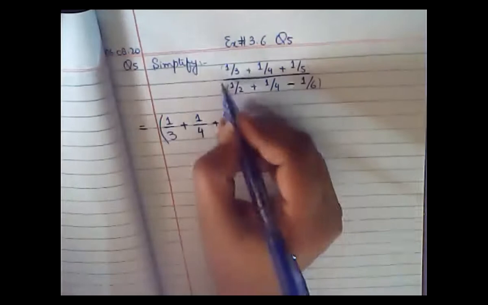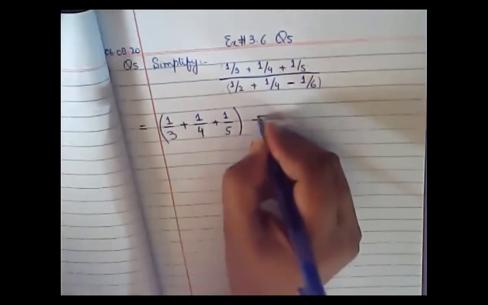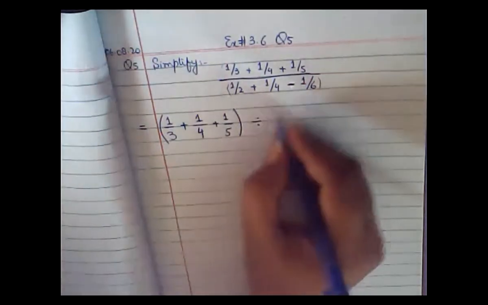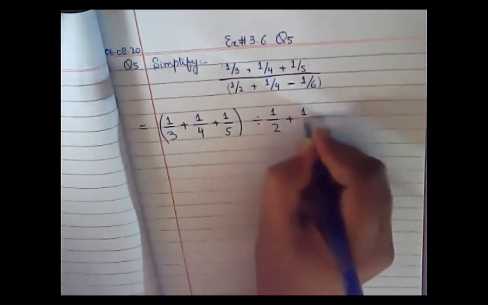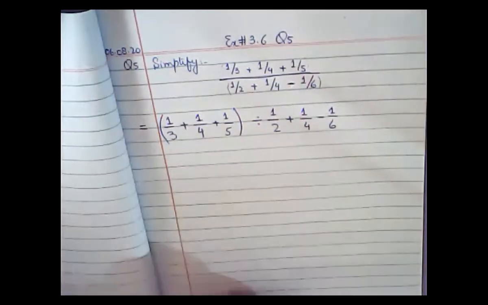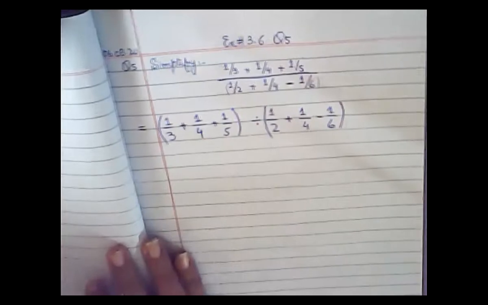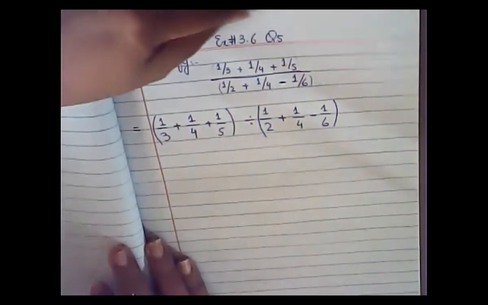Then they are going to be divided by the denominators, so I'm going to place the sign of division here. And then my denominators, which are 1 upon 2 plus 1 upon 4 minus 1 upon 6. Again I'm going to place brackets here, because this is my denominator.